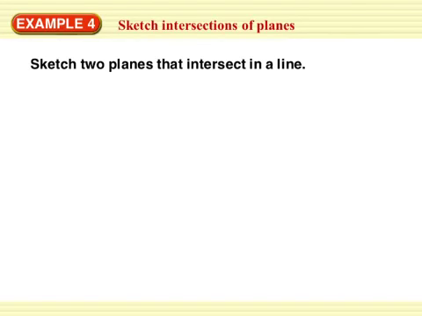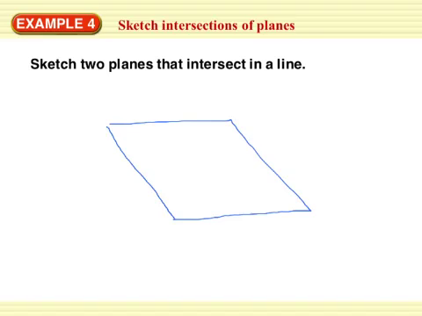Sketch two planes that intersect in a line. This one's always crazy to draw. So my first plane, I'm going to go ahead and make the line. That's where it's going to intersect. And this is going straight up.